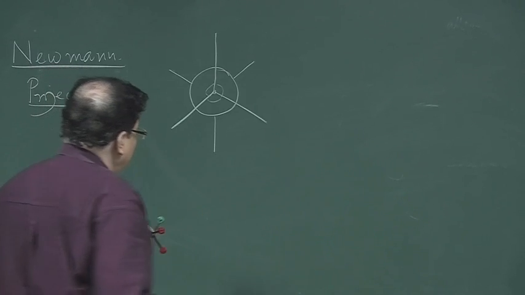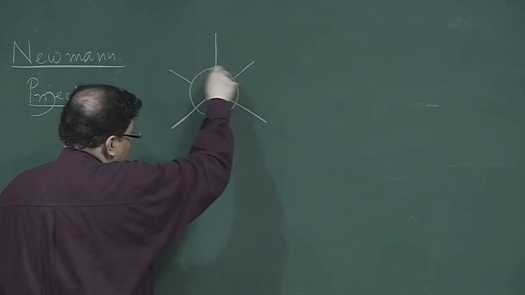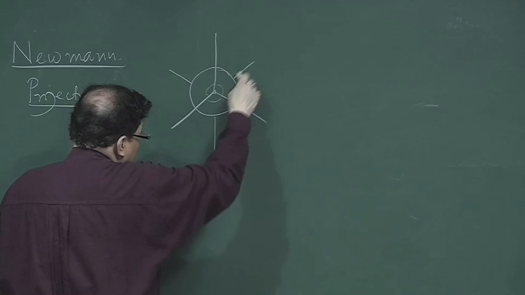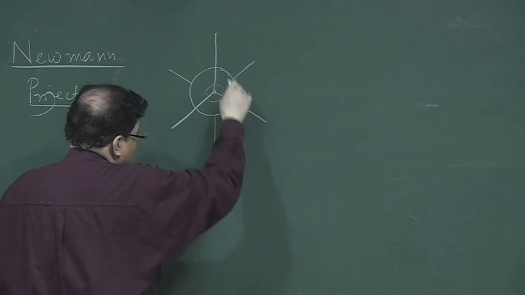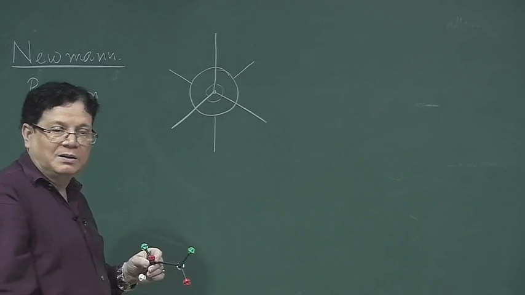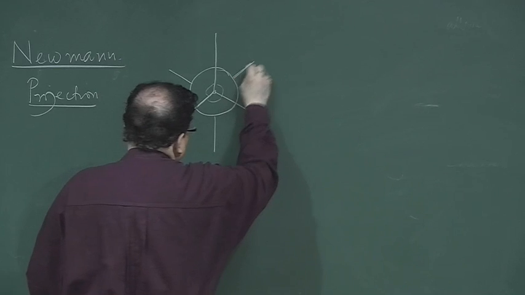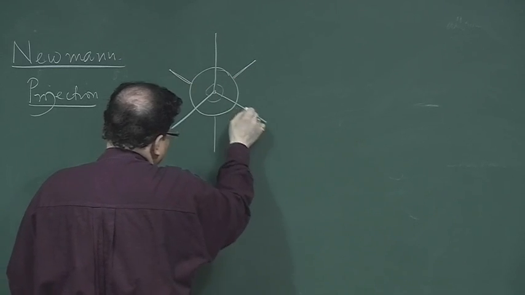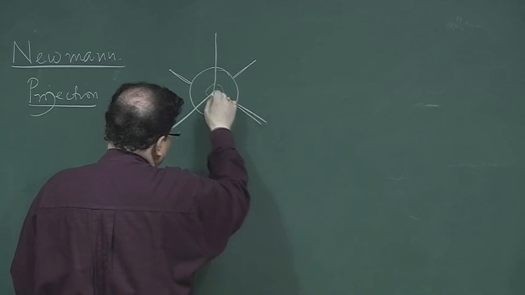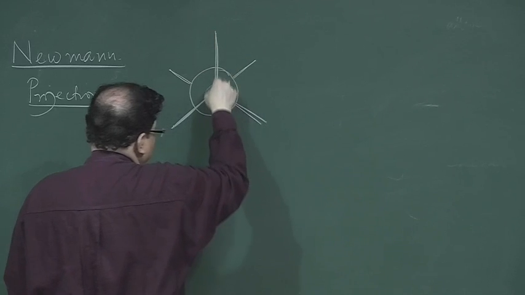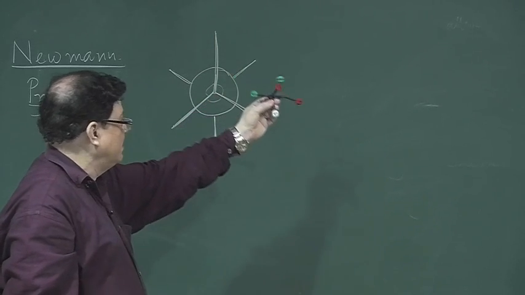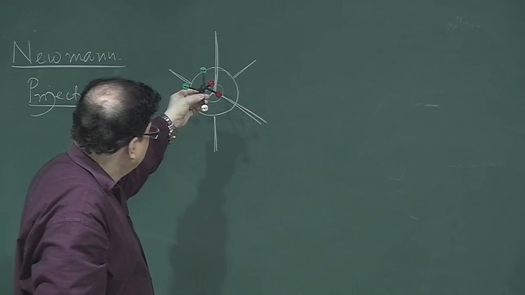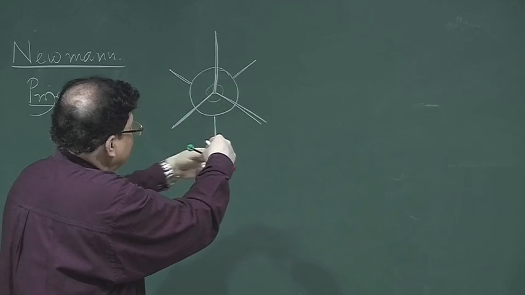So, the bonds actually show that this is the back carbon. You aim the bonds at the circumference of the back circle. So, these bonds belong to the back carbon and these bonds belong to the front carbon. This is one extreme case where it looks like this.